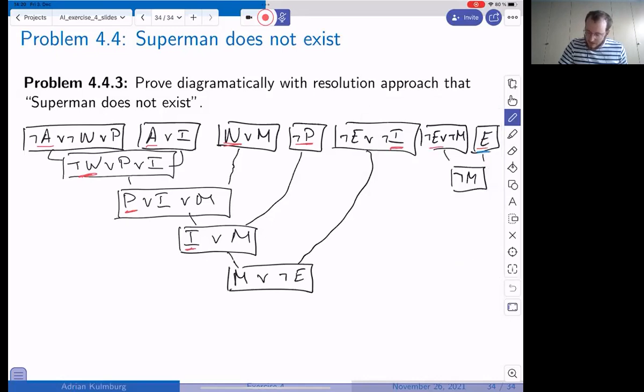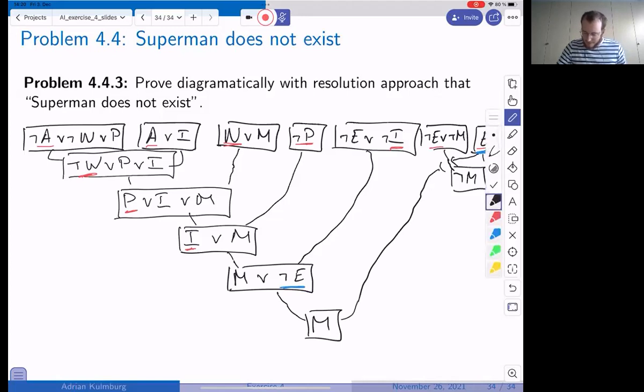So you can also see that this E here, you can cancel it with that one. So you can combine those two things. Let me make a little bit of a tunnel here. Here we go. And you end up with M.